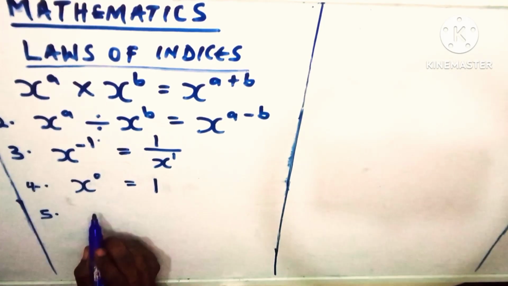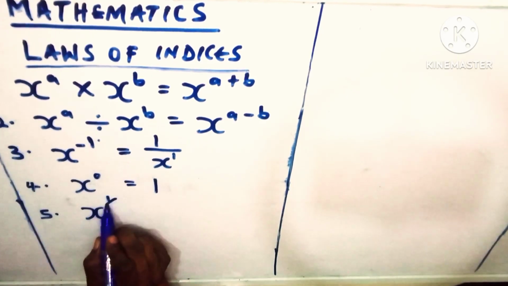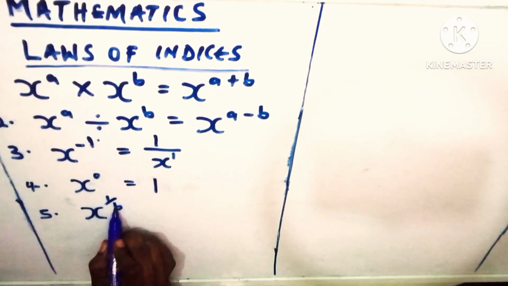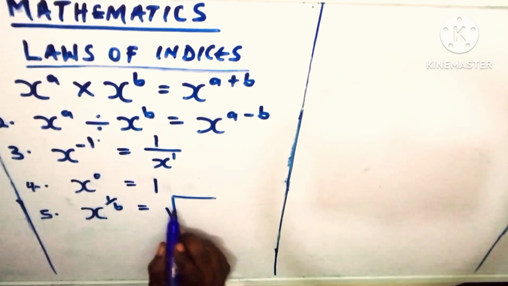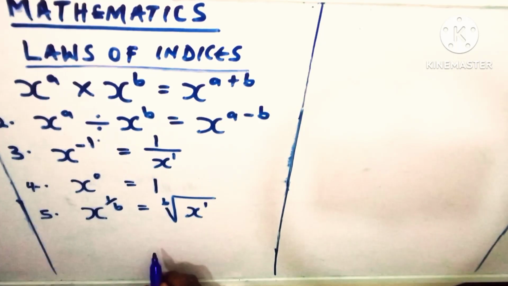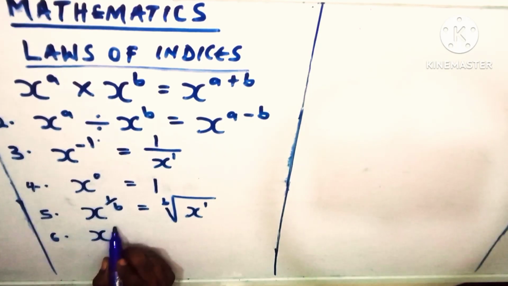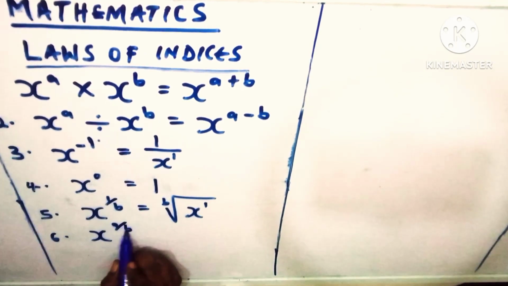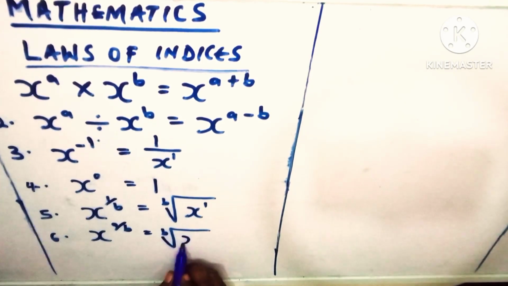Number 5, fractional index law. x^(1/b) is equal to the b-th root of x^1. Another fractional index law, x^(a/b) equals the b-th root of x^a.